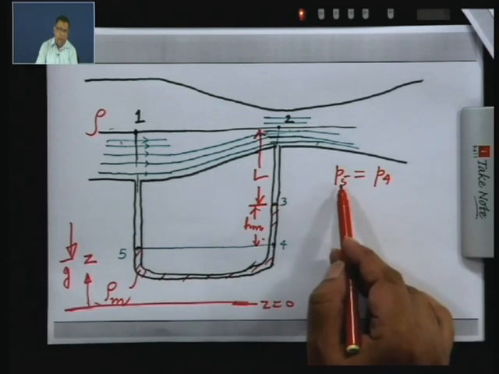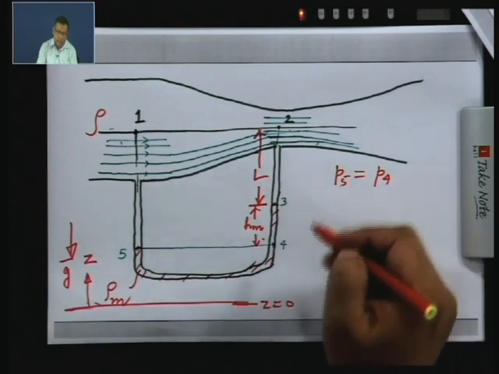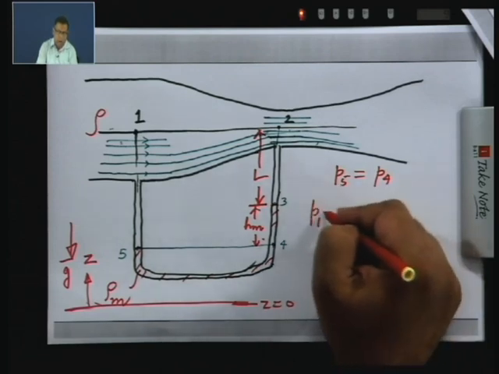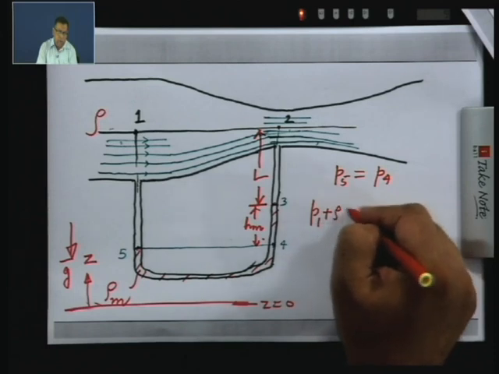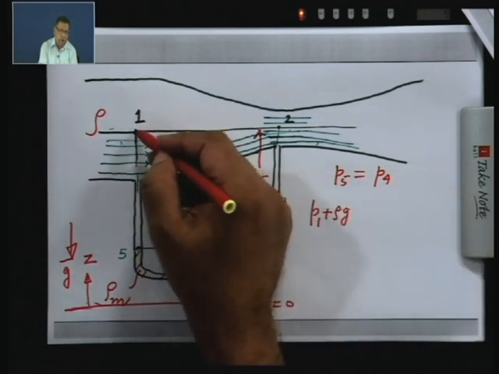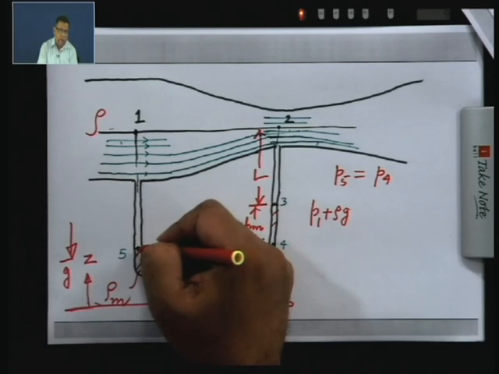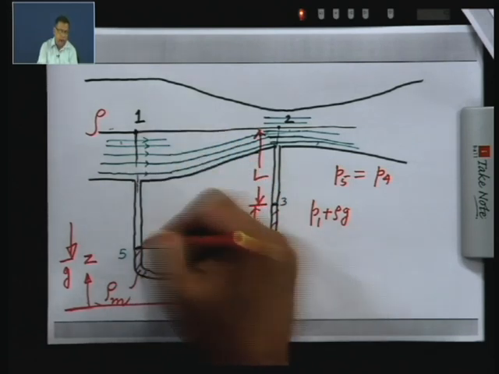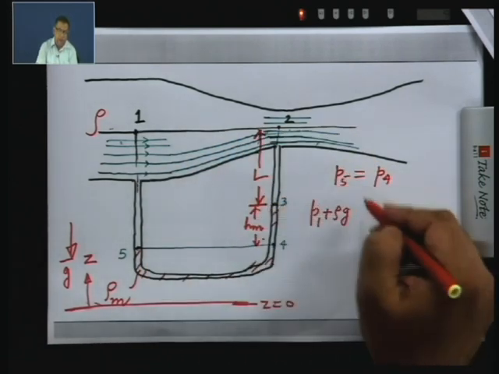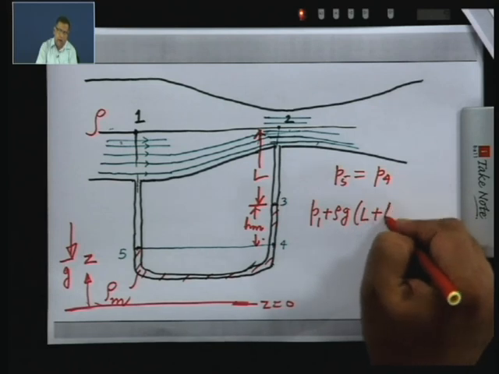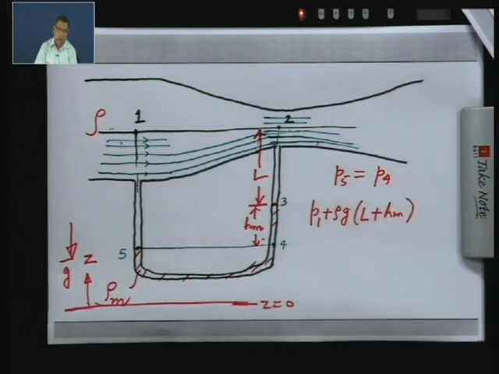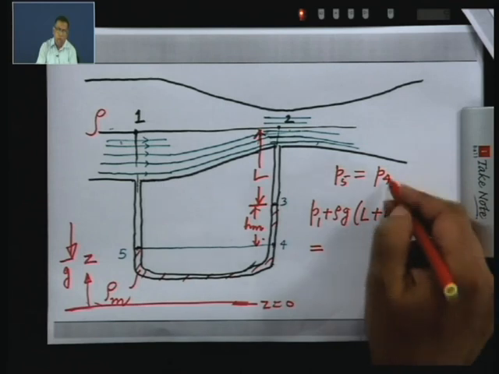Now, P 5 I can write as P 1 plus rho g into the level difference between points 1 and 5, which is the sum of L and H m. So, this will be equal to P 4.